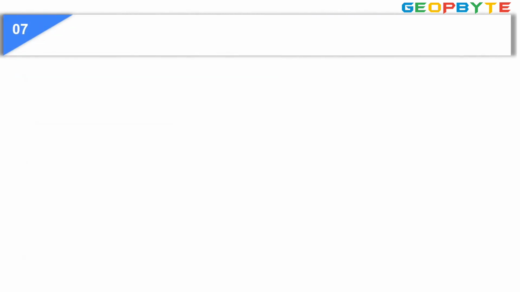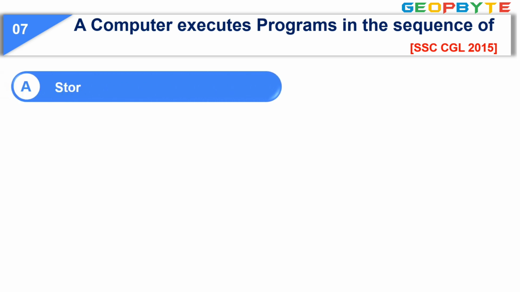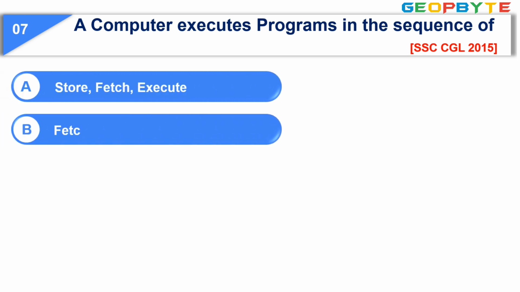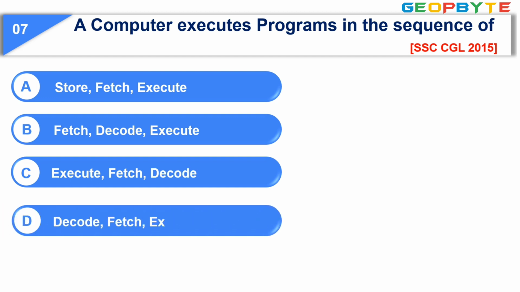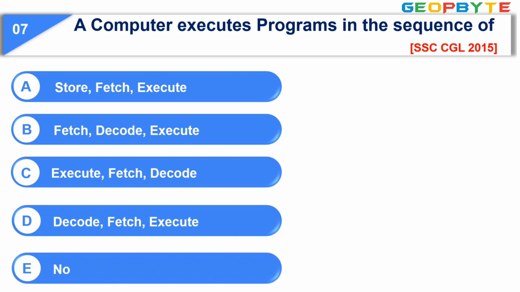Moving to question number 7. A computer executes programs in the sequence of option A, store, fetch, execute. Option B, fetch, decode, execute. Option C, execute, fetch, decode. Option D, decode, fetch, execute.